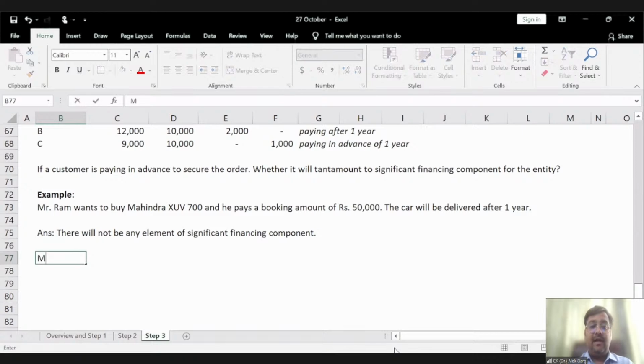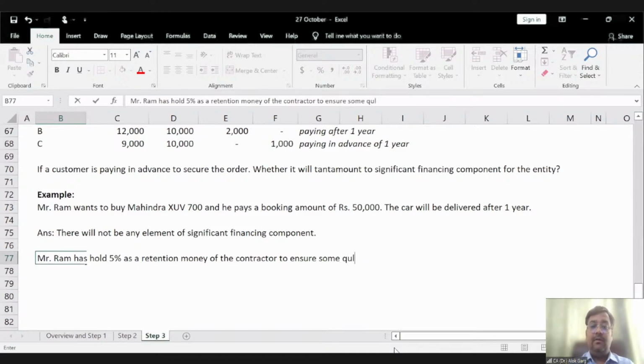Second example, Mr. Ram has held 5% as retention money of the contractor to ensure some quality related obligations.